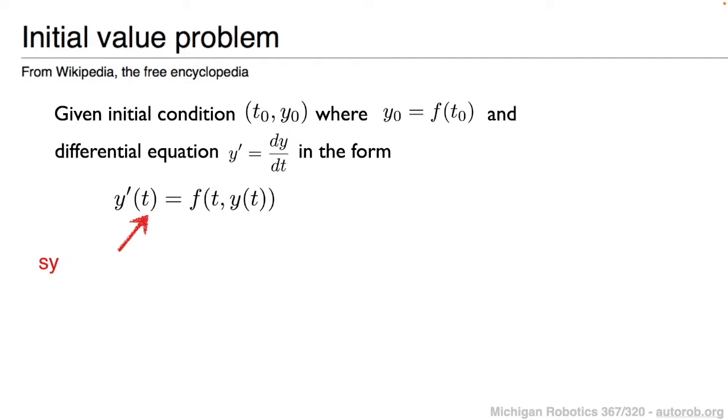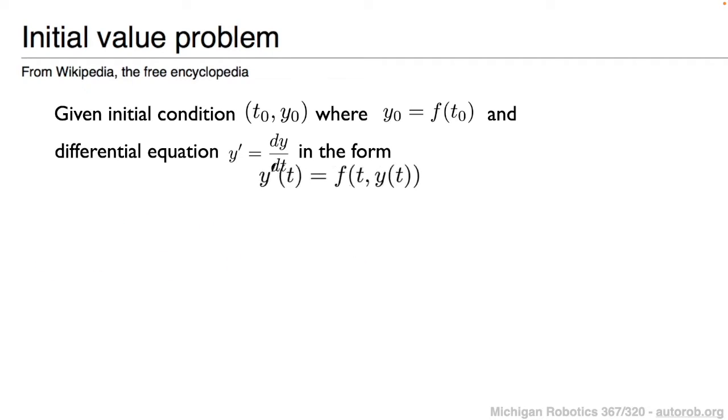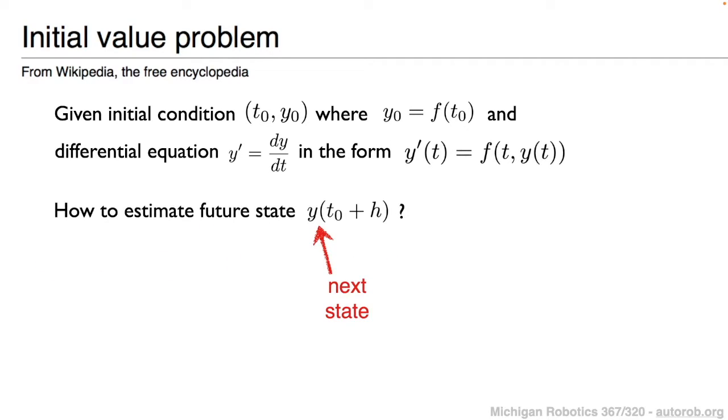In addition to this, the setup involves having some differential equation that describes how the system is going to change over time. So this is the system dynamics, which is what we had in our equation of motion. And then the question becomes, given this initial condition, how do we estimate the future state based on the dynamics, or the next state of the system?